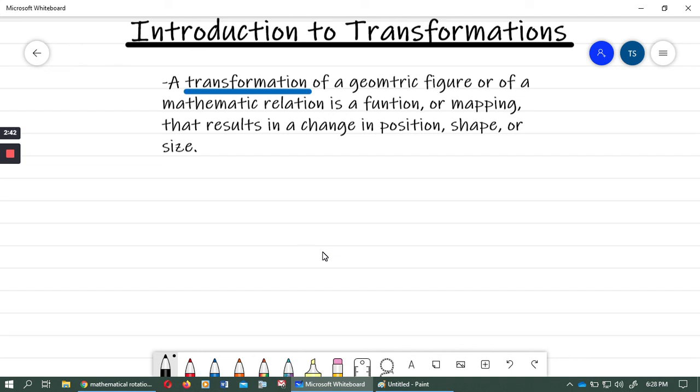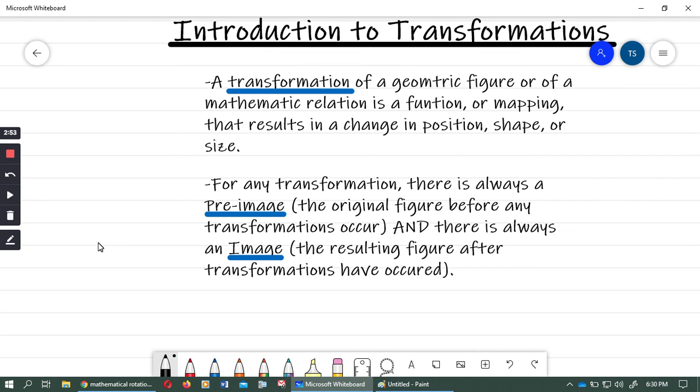While the image is what that object or figure looks like after your transformations have occurred. So again, guys, we're always going to have a pre-image and an image when we're doing any type of transformations in math. You can think of this as a before and an after, right?